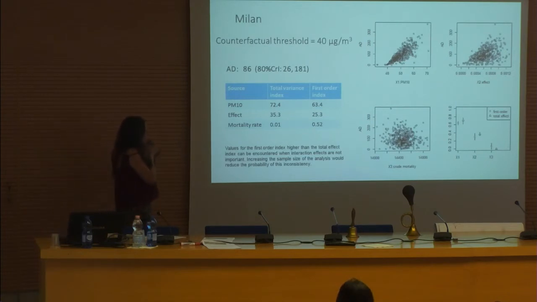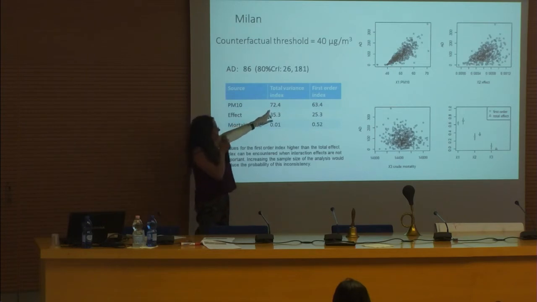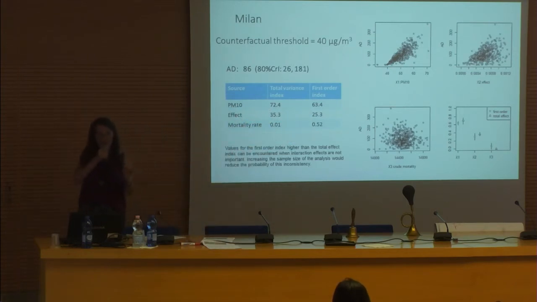Moreover, there is a larger difference between total variance index and first order index that indicates the presence of a small interaction. Probably there is an interaction between inputs. And in order to investigate this interaction, we should also calculate the second order index.